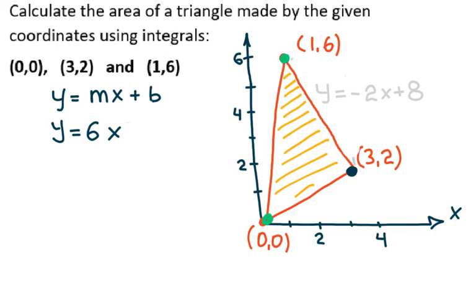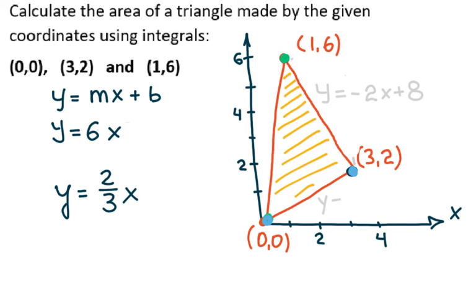For the next one, let's do it in blue. So it's 0, 0 and 3, 2. The next equation would be y is equal to, the rise is 2 over 3, so that's 2 over 3 x, and the y-intercept is 0. So we have these equations for each line.